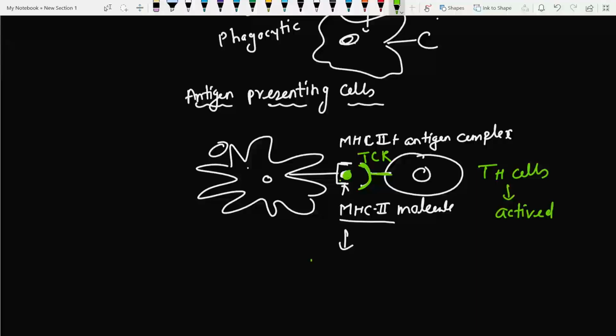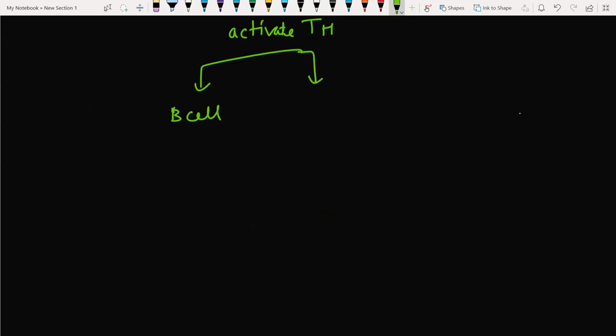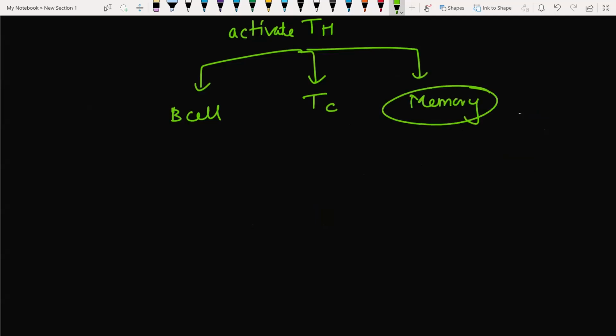Once the T helper cell gets activated, the activated T helper cell will activate the B cell, it will activate the cytotoxic T cell, and also it will produce memory for the future. So T cells also produce memory for the future.